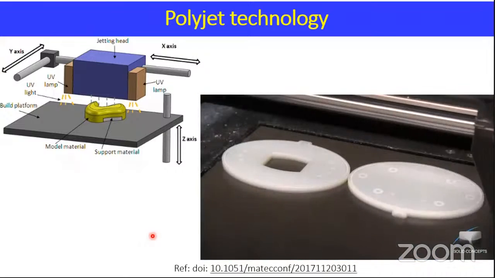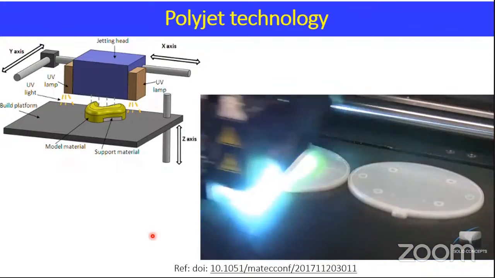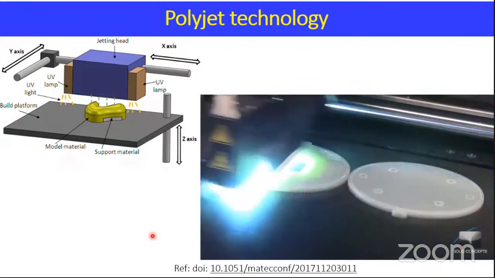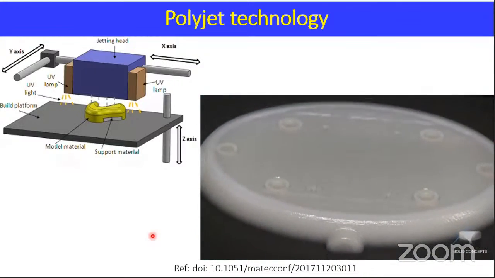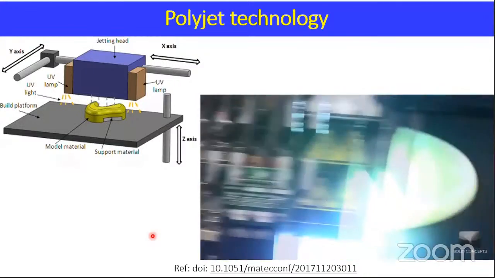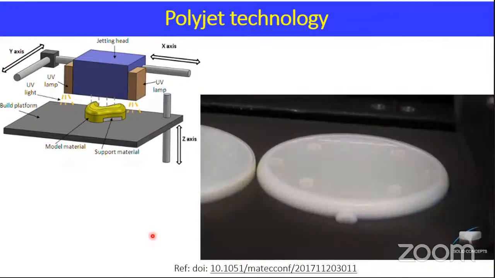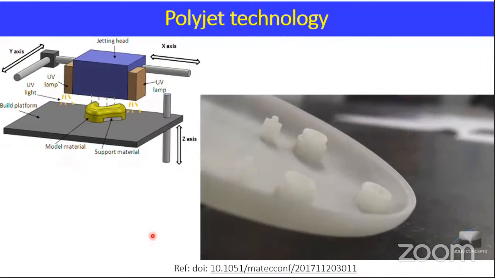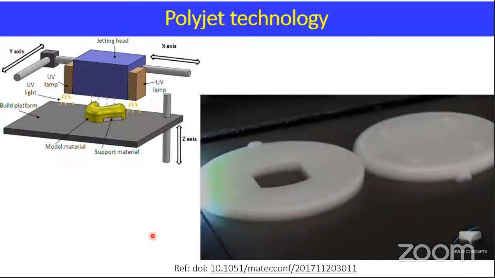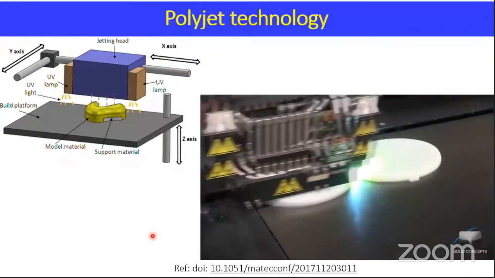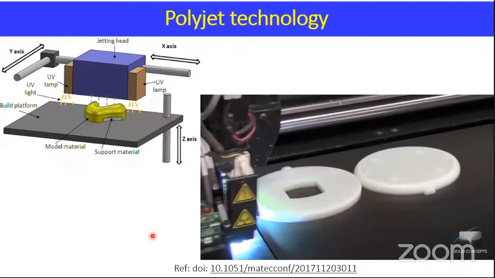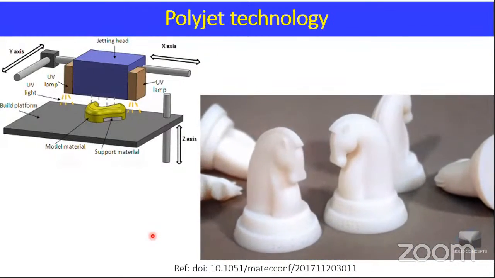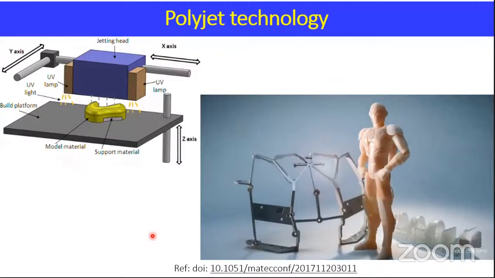PolyJet is a layer additive manufacturing technology used to develop plastic prototypes from 3D CAD data. This rapid prototyping process uses inkjet technology combined with UV curable materials to quickly and economically produce highly detailed and accurate physical prototypes. PolyJet is one of the fastest prototyping processes available to develop high-precision physical parts, and is ideal for smaller parts, appearance models, and master patterns.